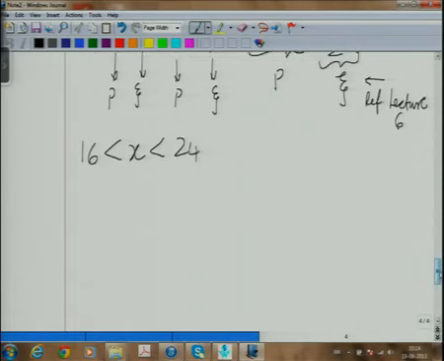Next we go from 16 to 24. Now when we go from 16 to 24, let's draw, this is 14.56, then we have 10.